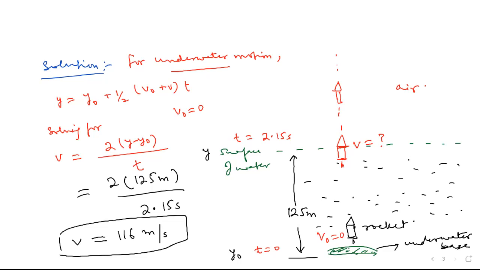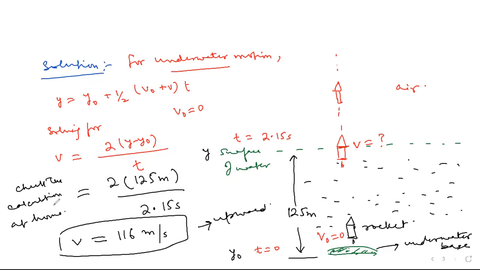So the velocity attained by the rocket when it hits the surface of water is 116 meters per second upward, because it is positive, so it is upward velocity at the surface. And as always, check the calculation at home.